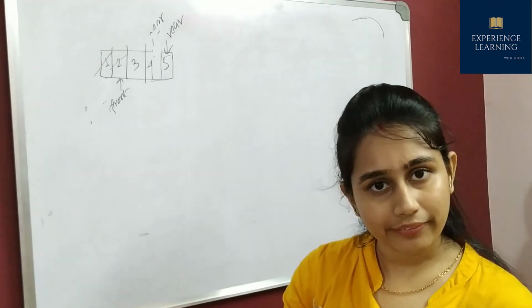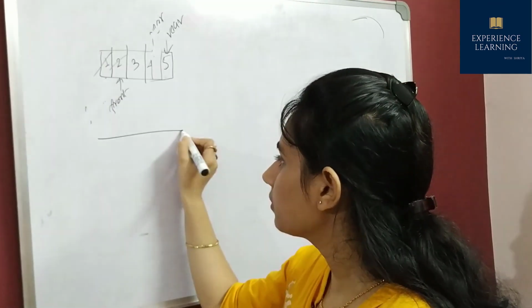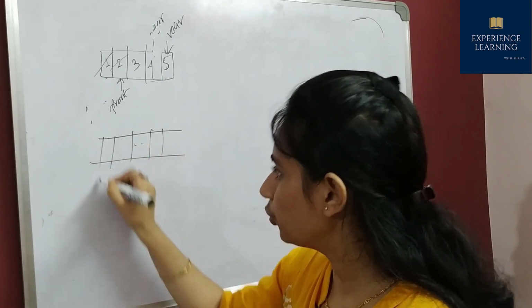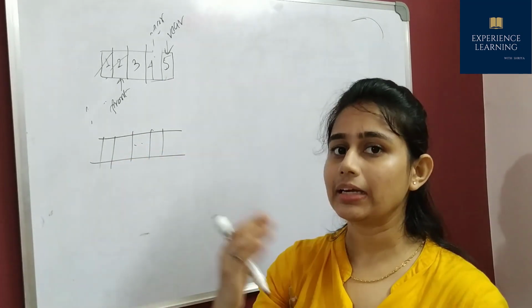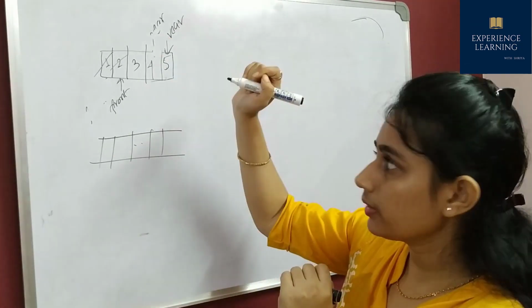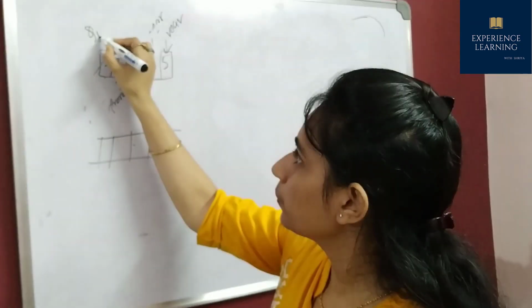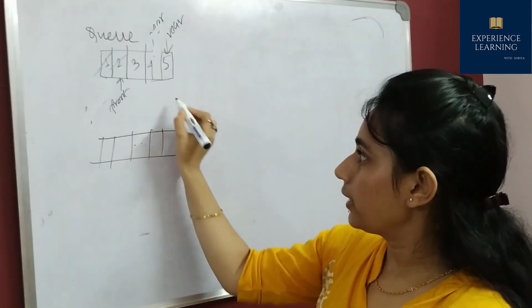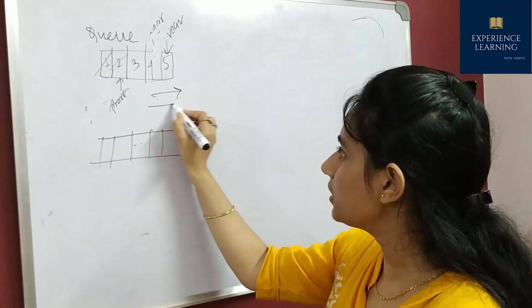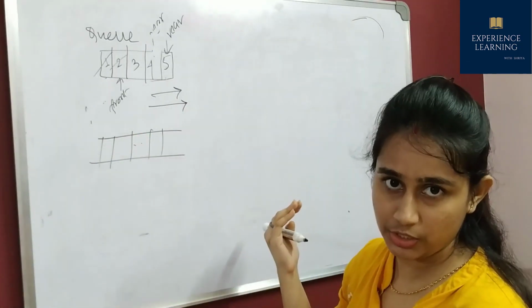Now what is double-ended queue? Double-ended queue is a type of queue where insertion and deletion are possible at both ends. In the case of a queue, insertion is done in this direction and deletion is also done in this direction.